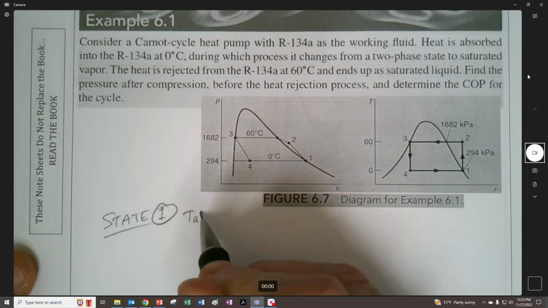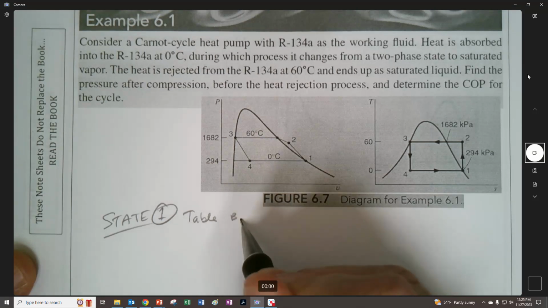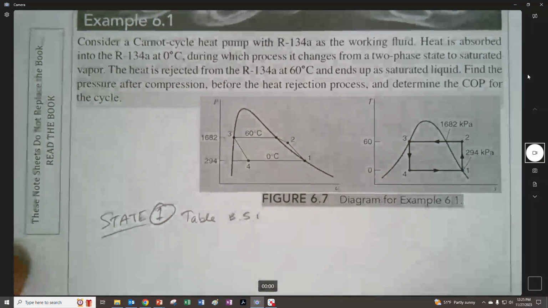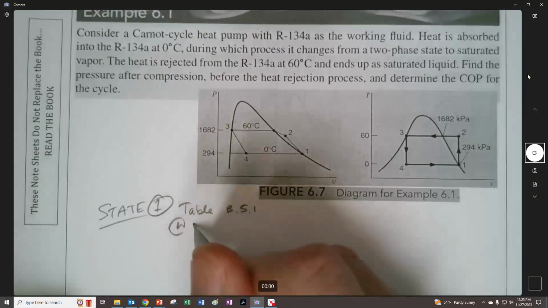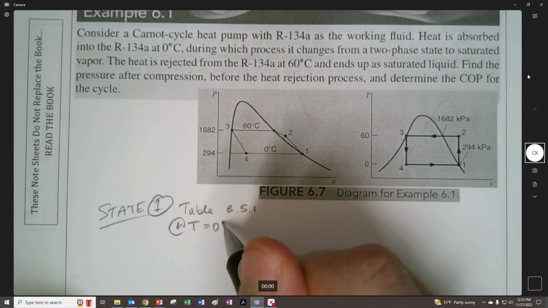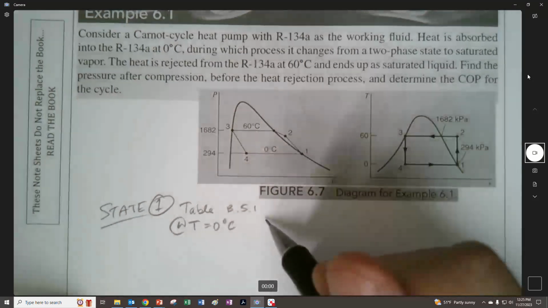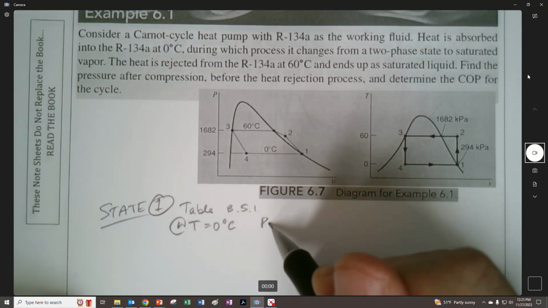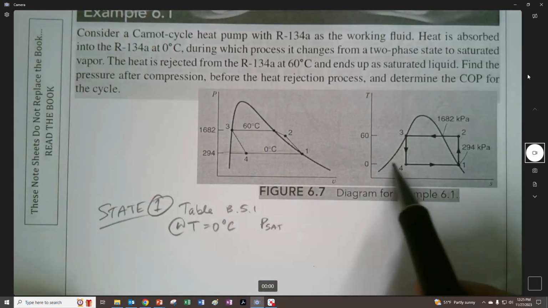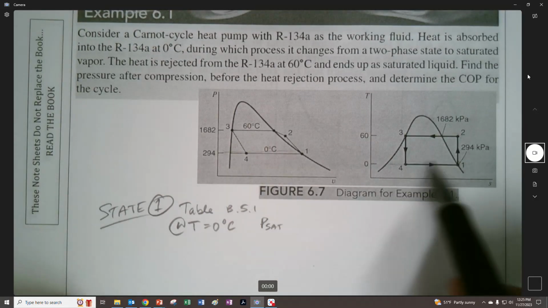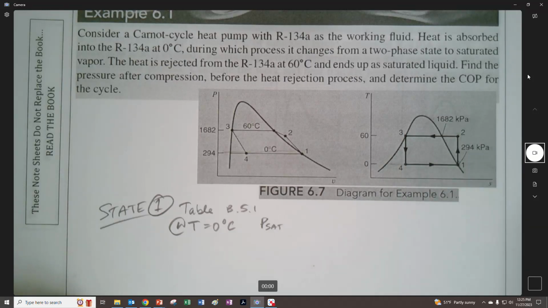So we're going to go to the table B.5.1, which is the saturated condition for this refrigerant. And we'll look at the temperature equal to 0 degrees Celsius. And while we're there, let's find the saturation pressure, because that's going to be the same pressure all the way along here, right? So the pressure and the temperature remain the same as it's in the vapor state.